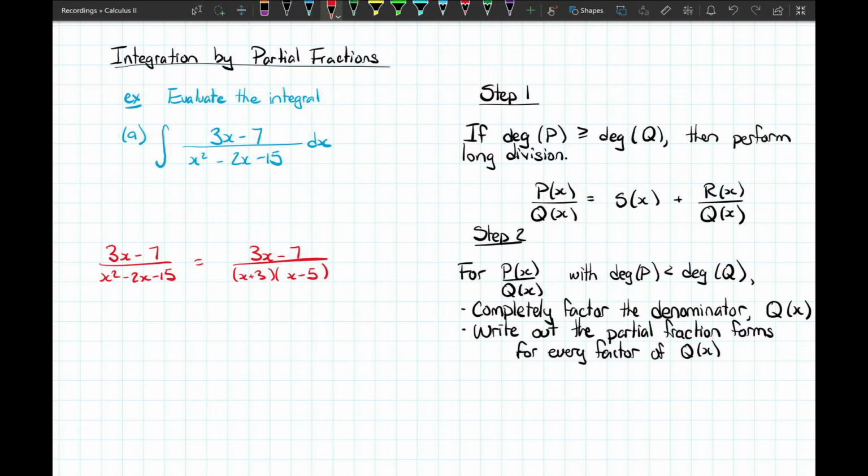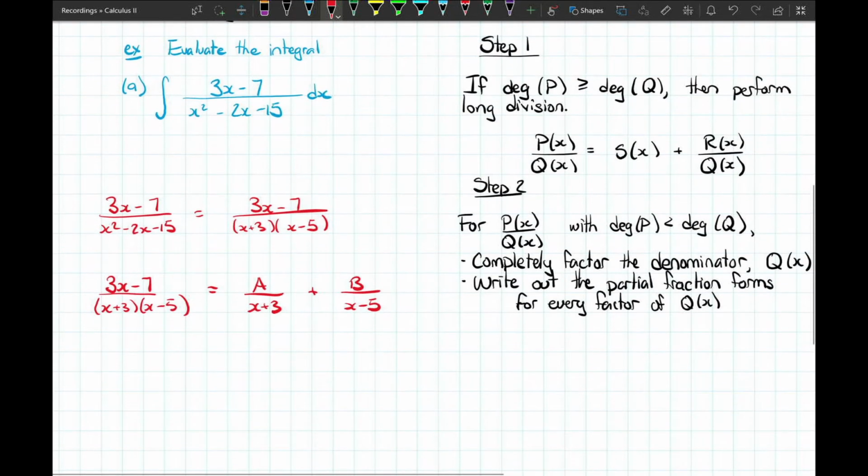Now that we've completely factored it down to irreducibles, in this case two linear factors that are non-repeated, we'll use the partial fraction form for a linear non-repeated factor. For our first linear factor, x plus 3, the partial fraction form is a constant A over x plus 3. And for our second linear factor, x minus 5, we'll have a different constant. We'll call it capital B over x minus 5. And we have no other factors left.